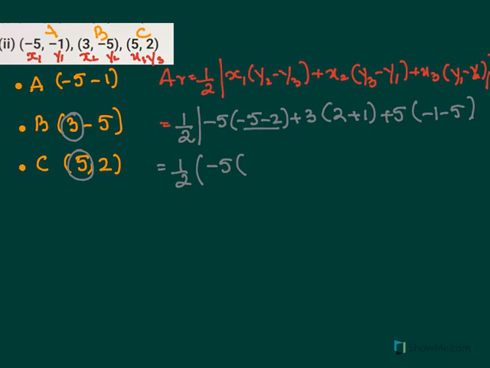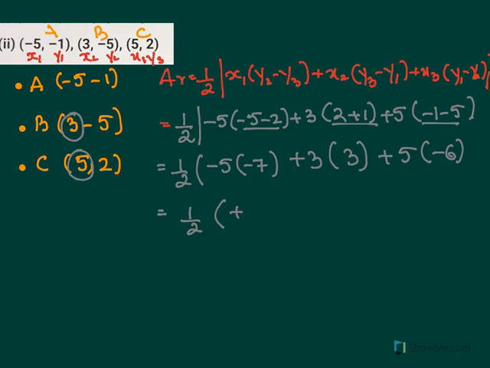Minus 5, this becomes minus 7, plus 3, this becomes 3 here, plus 5, and this is minus 6. So you have half into plus 35, we multiply this, plus 3 into 3, 9, and here you'll get the positive here, of course.